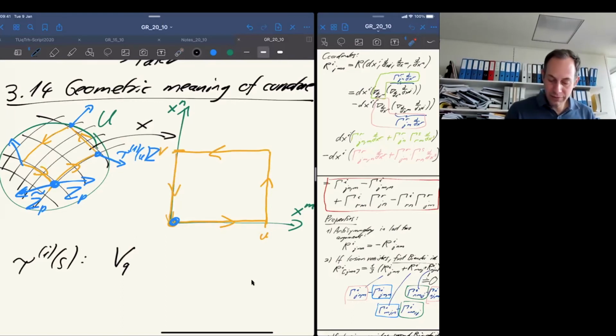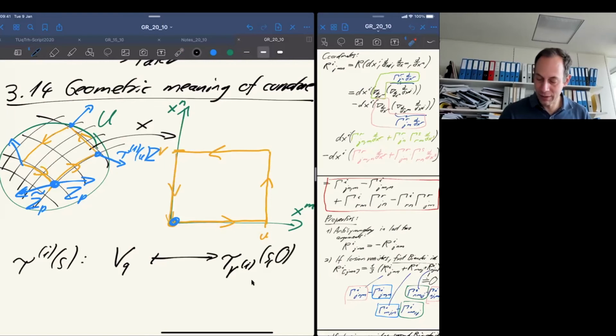Then this vector will be transported to a vector which is given by tau gamma i. This is an object already defined. So it has almost the same notation, but this is now a tau with a little gamma below, whereas this tau only has an i. So that's a more general thing.